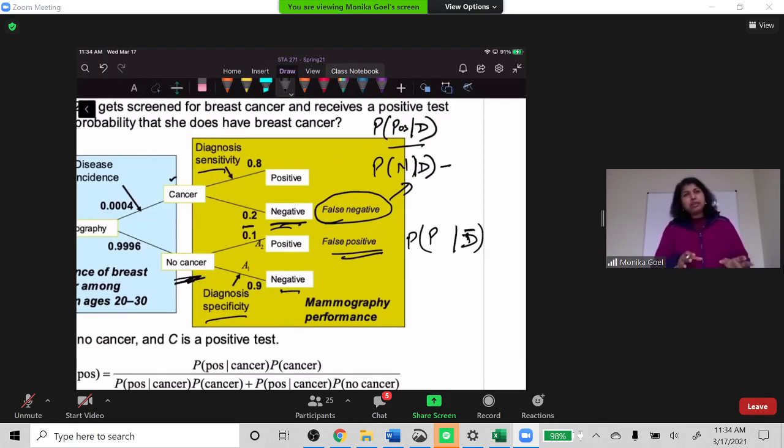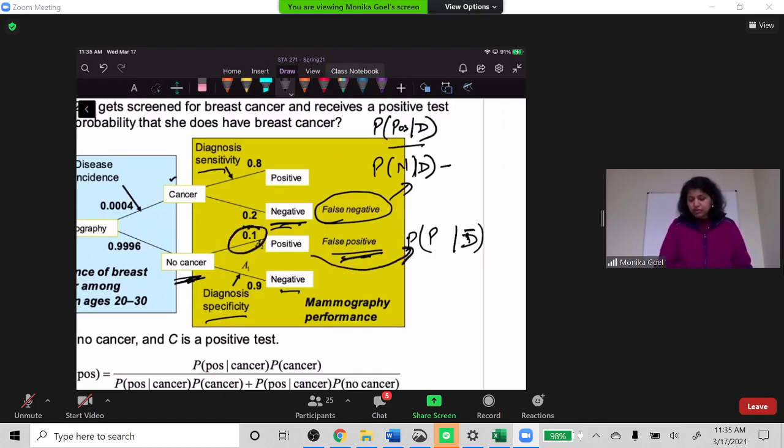Sometimes in the problem, they give you the specificity of the test, or the false positive is this, or the false negative is this. Again, in your homework assignment, there are no questions like that, but you can see that if you are working on Bayes' rule in some examples, you will see the words specificity, sensitivity, false positive, false negative, then you need to see what information this value means.